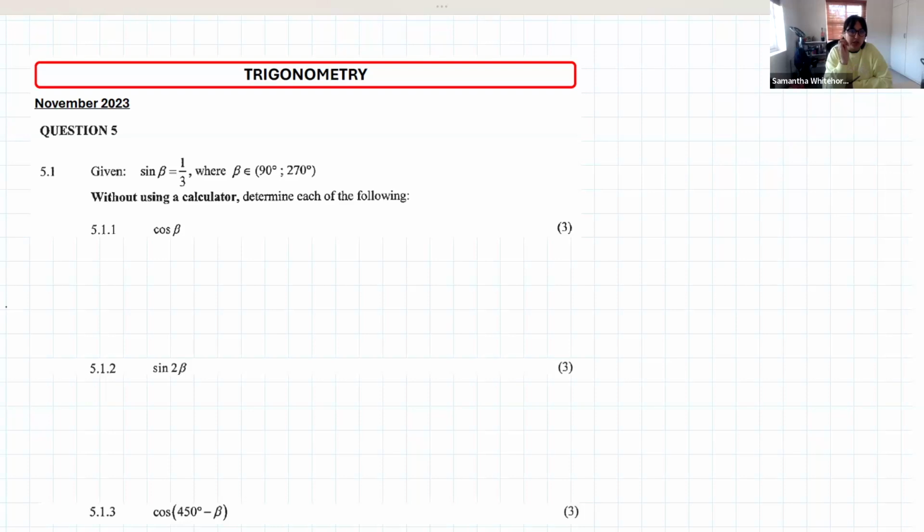Can you use trig on the Cartesian plane, etc. The other marks then come from your trig equations and your 3D trig. Trig equations are really not any different from grade 11. With 3D trig, there's absolutely nothing new in terms of formulas that you need to know from grade 11. It's just now you have to visualize the image in 3 dimensions. But again, absolutely nothing new.